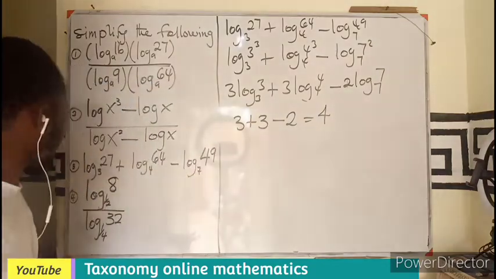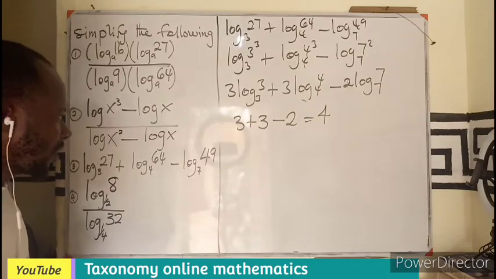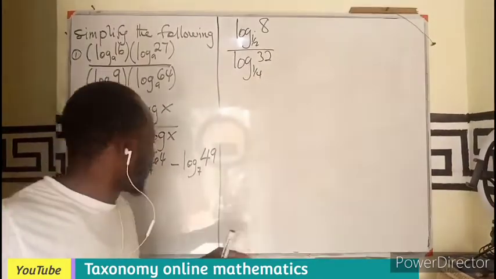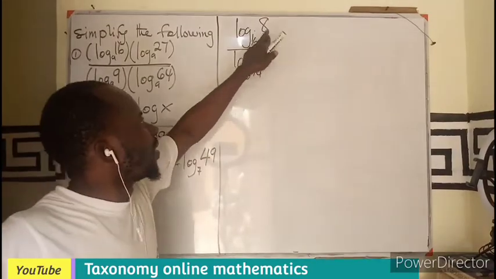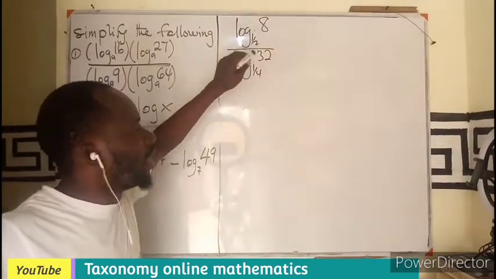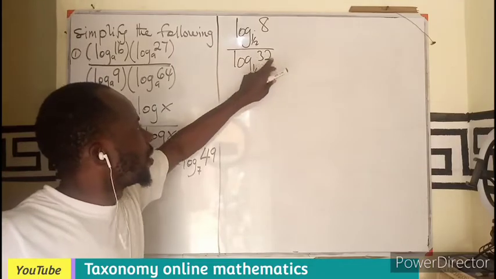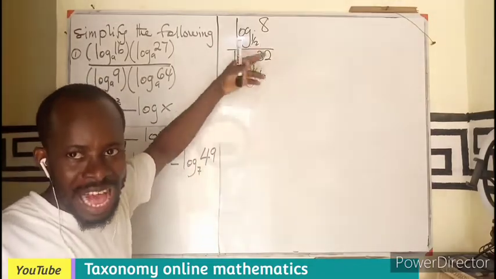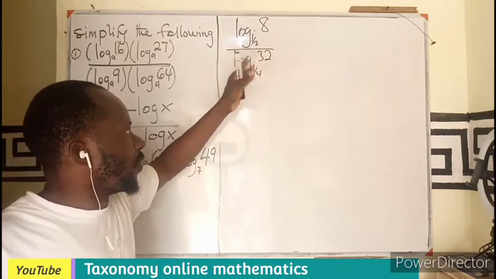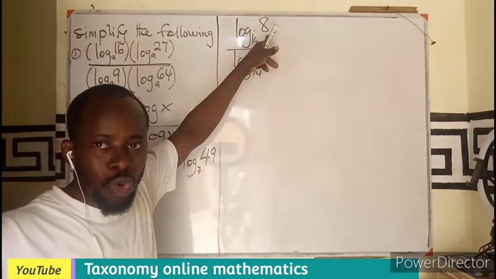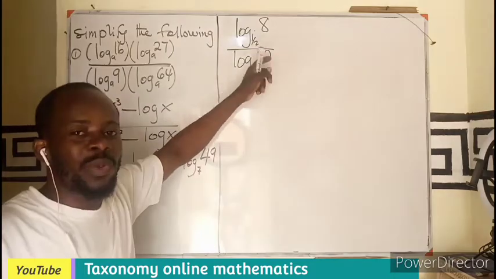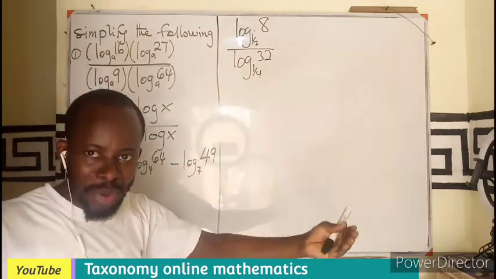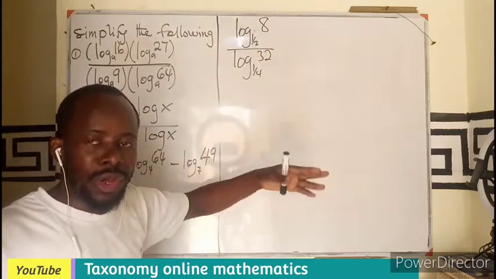Alright. Then the last one, the fourth one. This is log 8 base half, log 32 base 1/4. We can say that the bases are not the same. So even if we break this into 2 exponent 3, 2 exponent 5, we may not be able to get the same base to cancel.